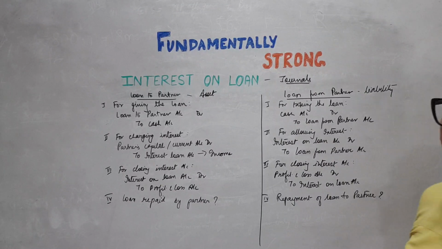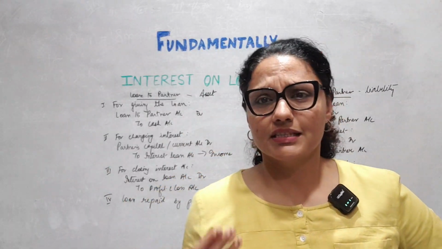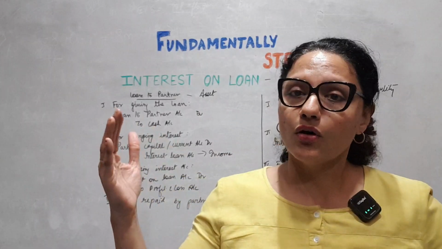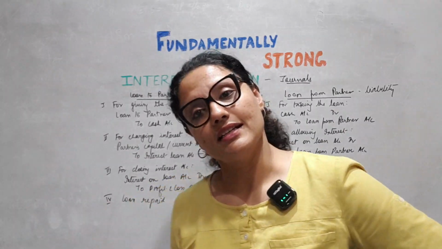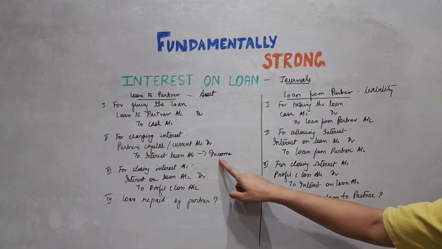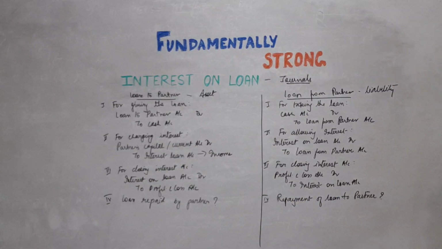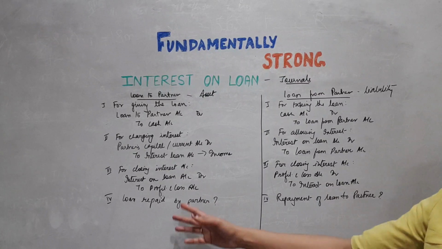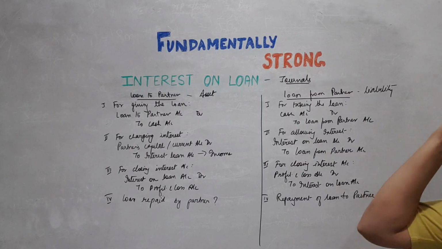Remember from the final accounts that we made: discount received, commission received, interest received, dividend received, rent received will be on the credit side of profit and loss account. So that is the closing entry. Interest on loan, which I had credited, I will debit to close, and credit profit and loss account. So you close the interest.